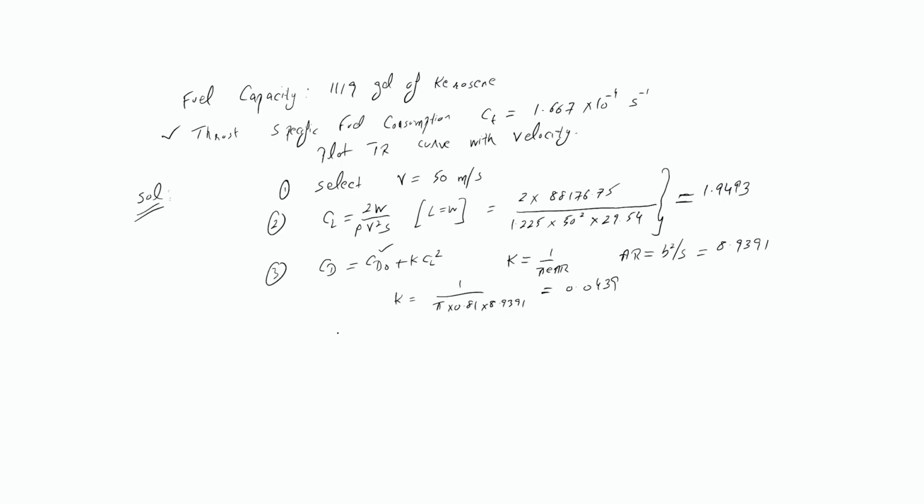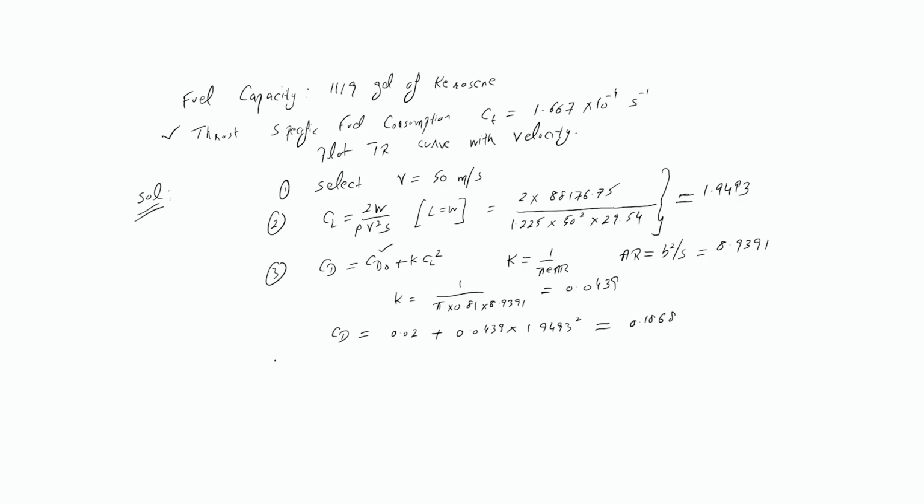So finally we can calculate the CD value. CD equals CD naught plus K CL square. CD naught is 0.02 plus 0.0439. CL we already calculated, 1.9493 whole square. So CD approximately we get 0.1868.